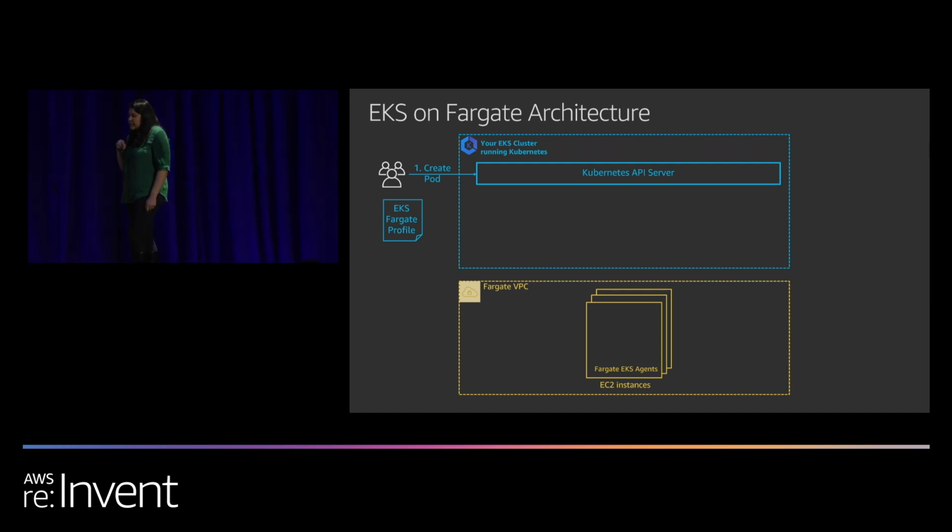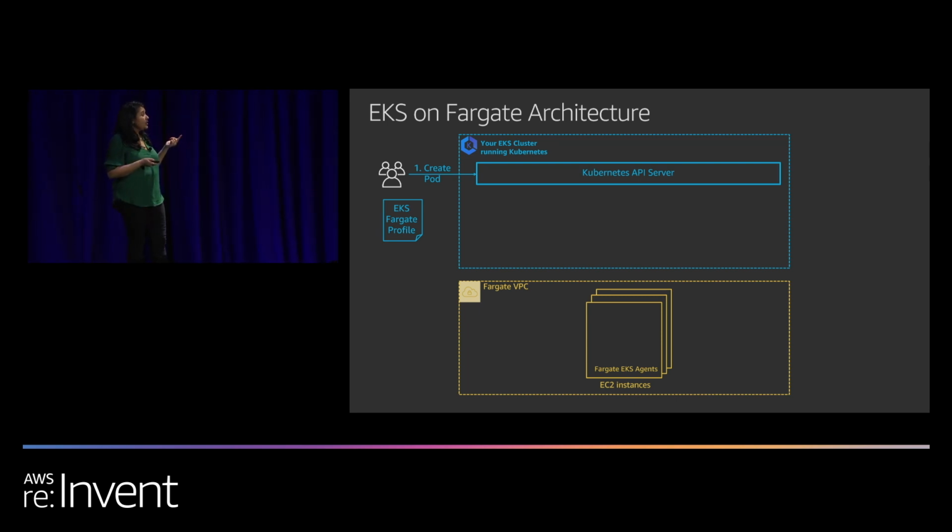And the reason that we did this is because we didn't want to introduce a new field on the pod itself to tell us to run this pod on Fargate, because then that would mean you'd have to edit all your existing pod specs that you have out there and maintain separate pod specs to run on EC2 versus Fargate. So we wanted a more dynamic way to figure out whether a pod should run on Fargate or EC2.